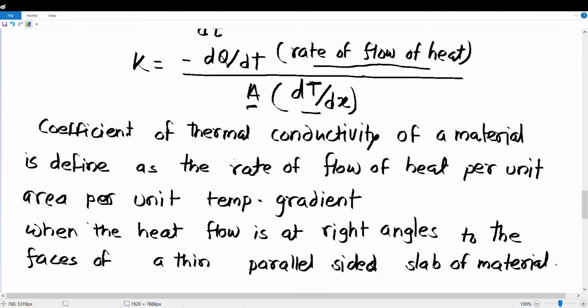This is about the coefficient of thermal conductivity.